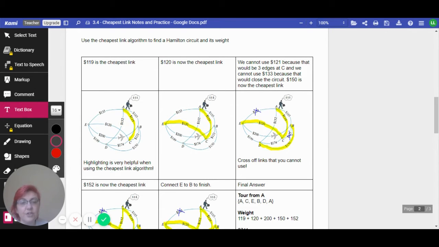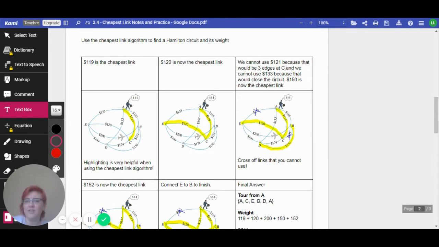Of the ones left, you see that 121 would be giving C a vertex of degree 3, so we can't use it. The next cheapest link would be 133, but that would close a partial circuit, so we can't use that. That means that 150 is now the cheapest link, and we highlight it.